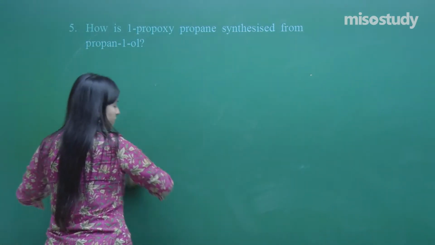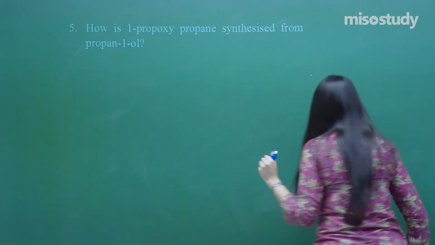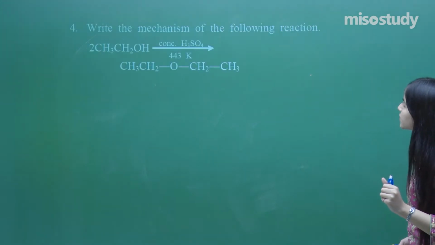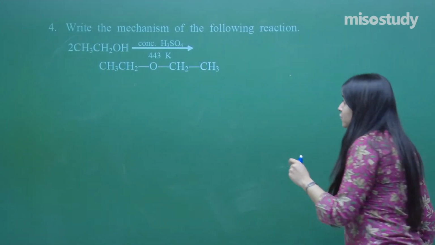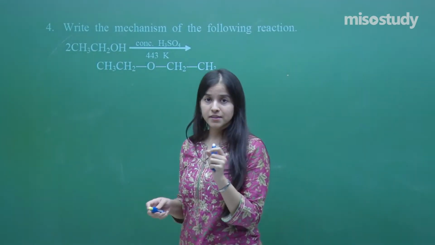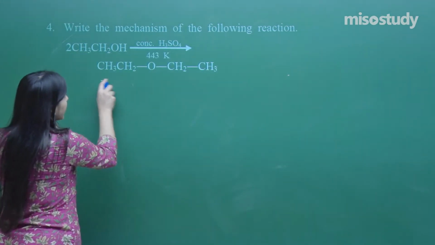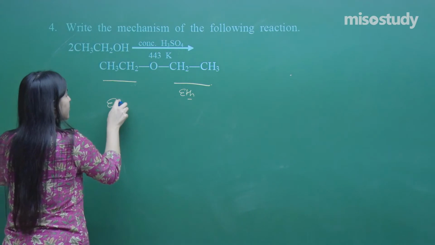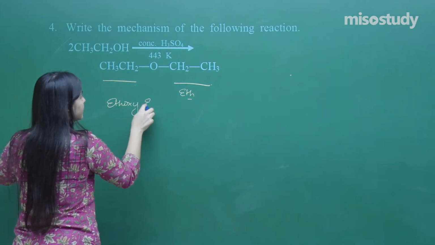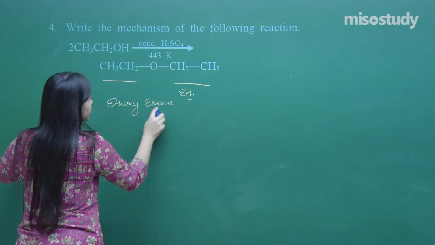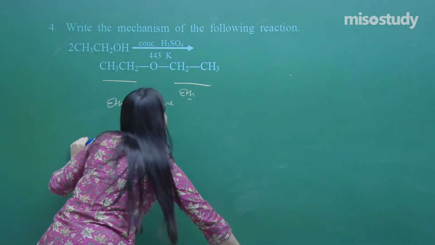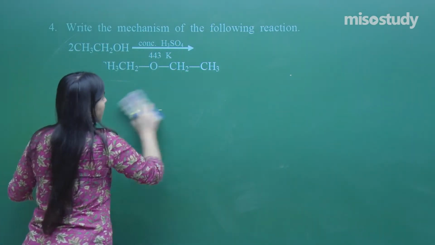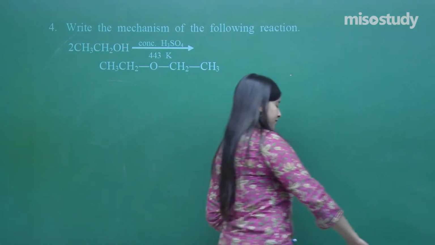What just got in my mind is, in the previous question, that is not propoxypropane. I mistakenly said that. It is what? Ethyl is there, so it's basically ethoxyethane, right? Clear? Now, I hope everybody has made the corrections.